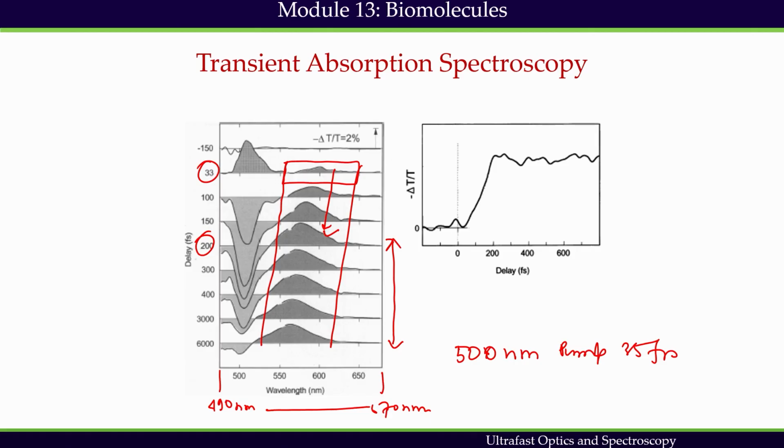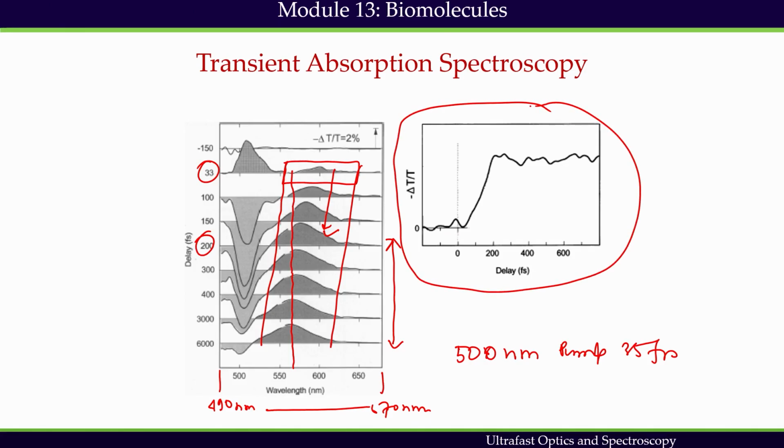Difference absorbance observed at single probe wavelength 570 nanometer. So when we consider 570 nanometer somewhere here, and we check how the strength is changing as a function of time, that's exactly what is plotted here, the difference absorbance as a function of time.